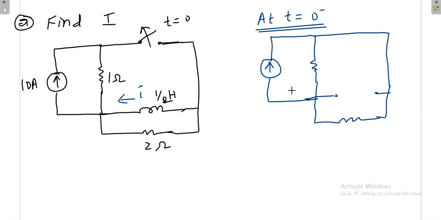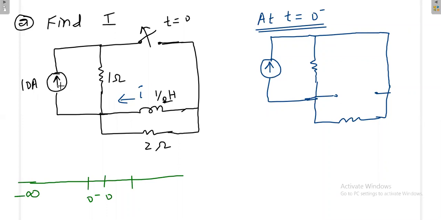Because at exactly t is equal to 0 I am opening the switch. Transient, sir. Others? Steady state. Just before opening the switch, the circuit is at steady state.